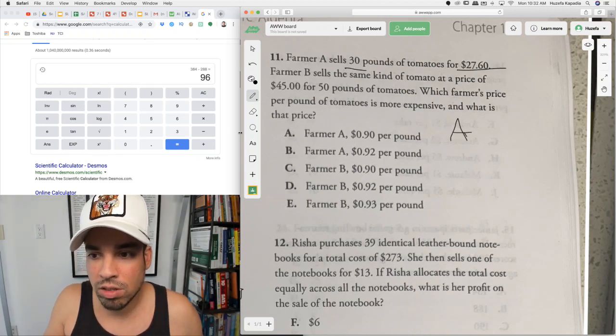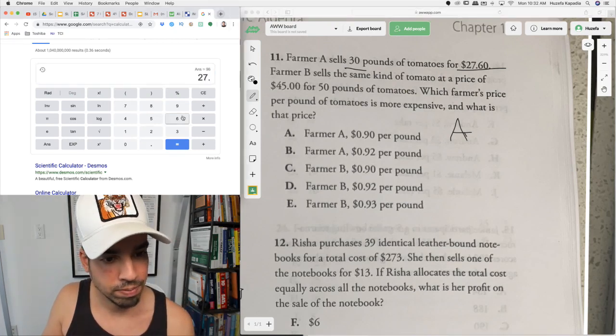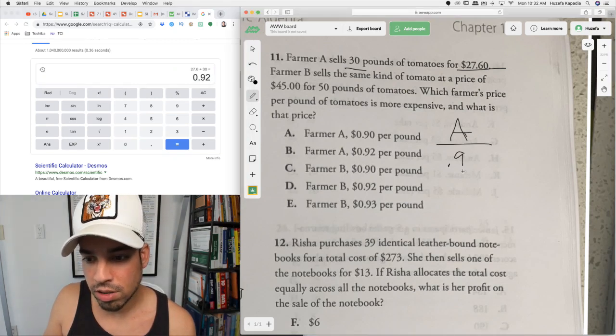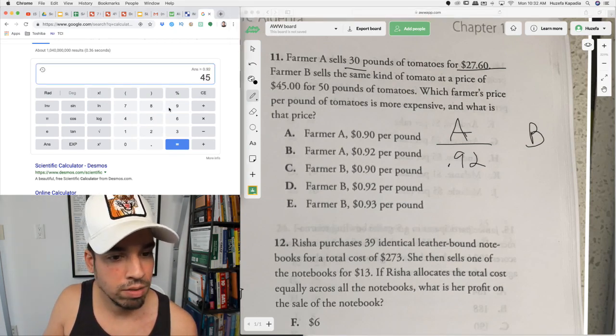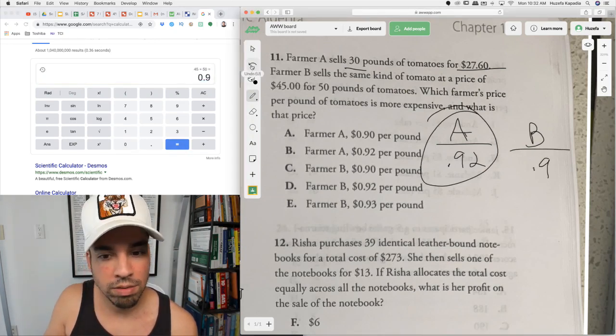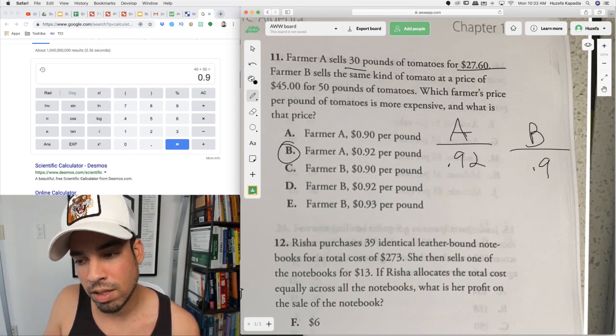So A is $27.60 divided by 30, which is 92 cents. And B is $45 divided by 50, which is 0.90. All right, A is more expensive, at 92 cents per pound. That's it.